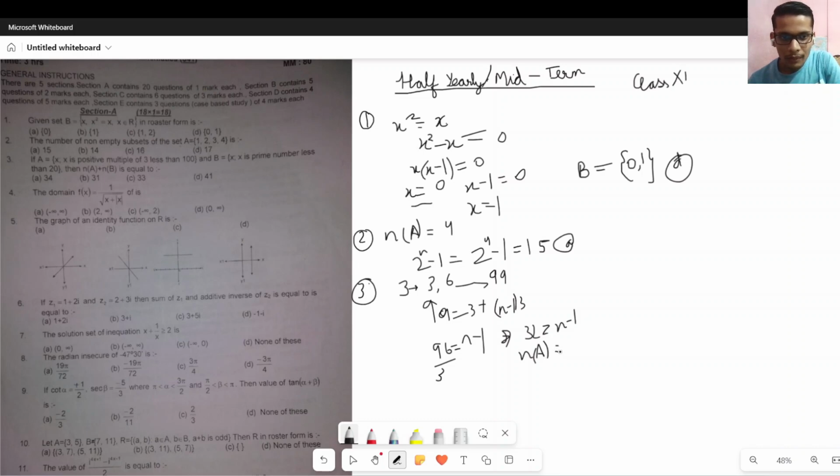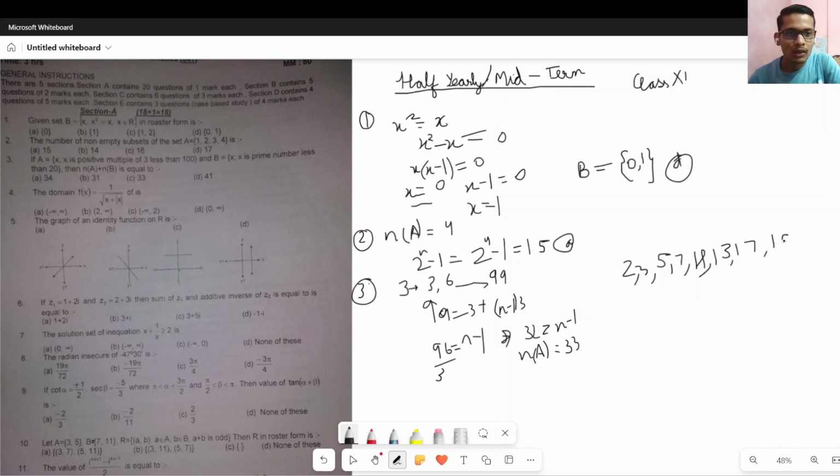Now we have to find the number of elements in set B. The elements of set B are x such that x is a prime number less than 20. So how many prime numbers are less than 20? 2 is a prime number, then 3, then 5, then 7, then 11, after that 13, after it 17, and the last one is 19.